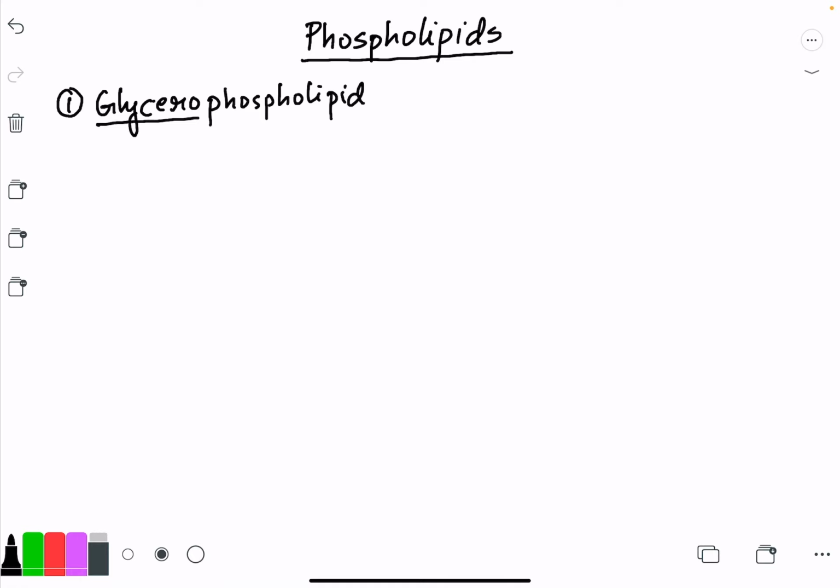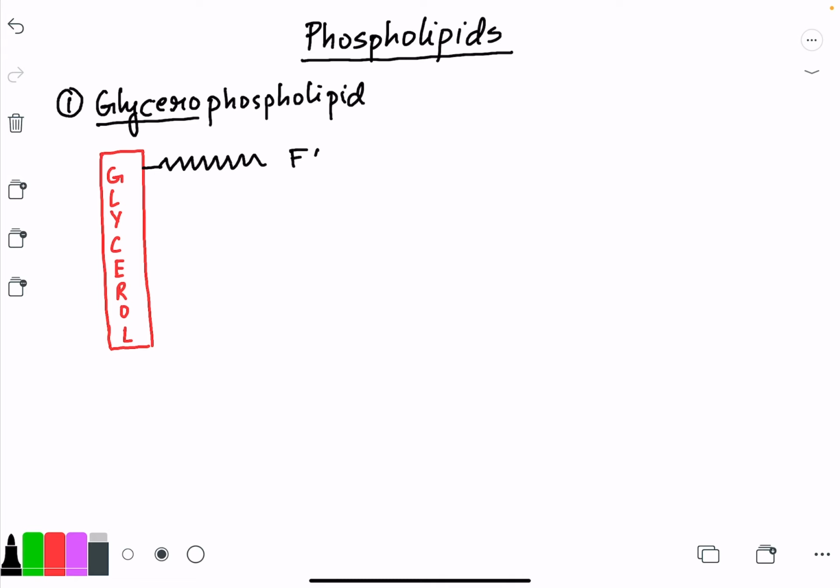So glycerol basically forms the backbone in glycerophospholipid. Consider this as glycerol. I am going to use a simple diagram so that it's easy to understand. This is the glycerol part, to which there will be a fatty acid chain attached.